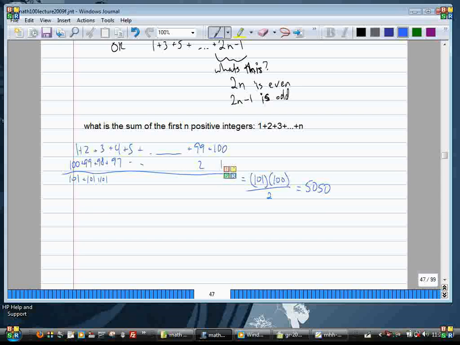Well, write 1 plus 2 plus 3 and so on, all the way up to plus n. Again, reverse it so you have n plus n minus 1 plus and so on, all the way down to 1. Now pairwise, when you add these together, what are you going to get?